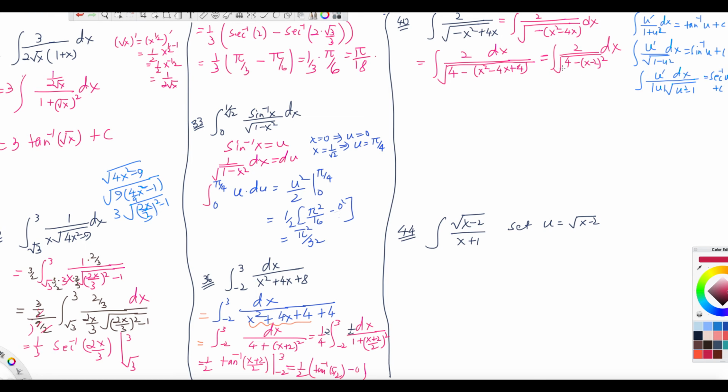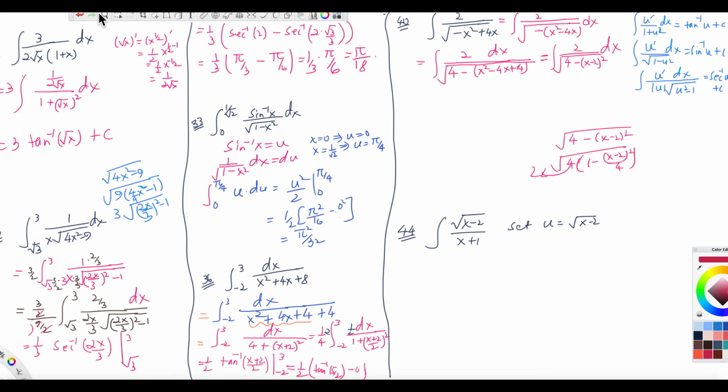If you take 4 out, it looks like 4 times 1 minus x minus 2 squared over 4. If you distribute, you will get that. Now this is x minus 2 over 2 whole squared, and that 4 will come out as a 2 outside, right? That's what you can do here.